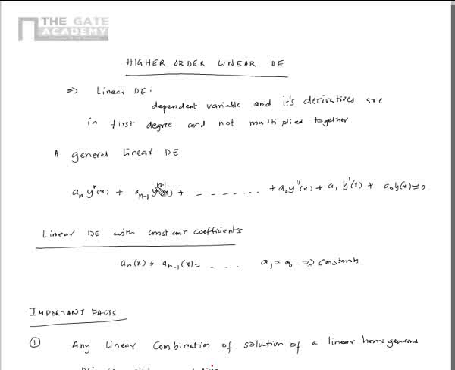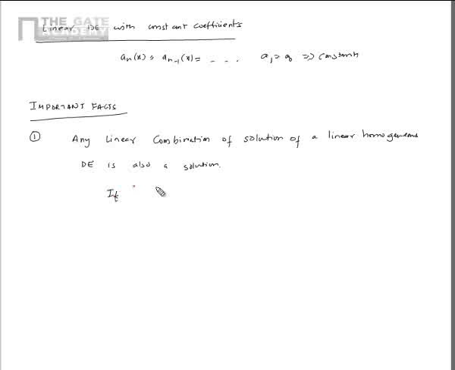Just to explain further, if y = y1(x) and y = y2(x) are two solutions of a linear homogeneous differential equation, let me just write the linear homogeneous differential equation.